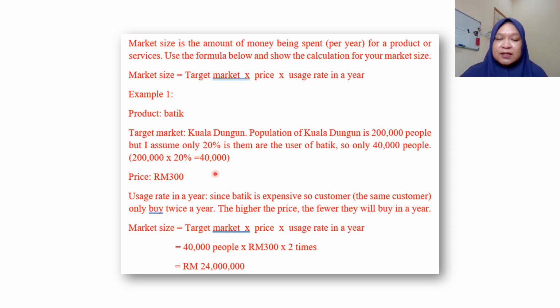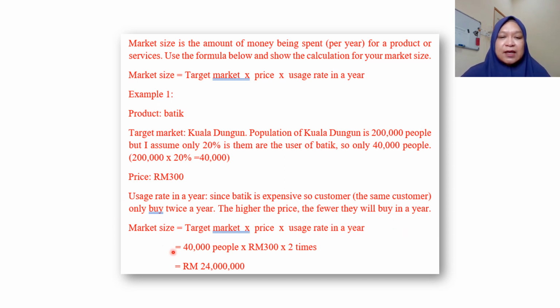The price of the batik that I sell is 300 ringgit. The usage rate in a year will be, since 300 is kind of expensive, that the same customer will only buy twice a year. We can see that the higher the price, the fewer they will buy in a year. It must be logical.